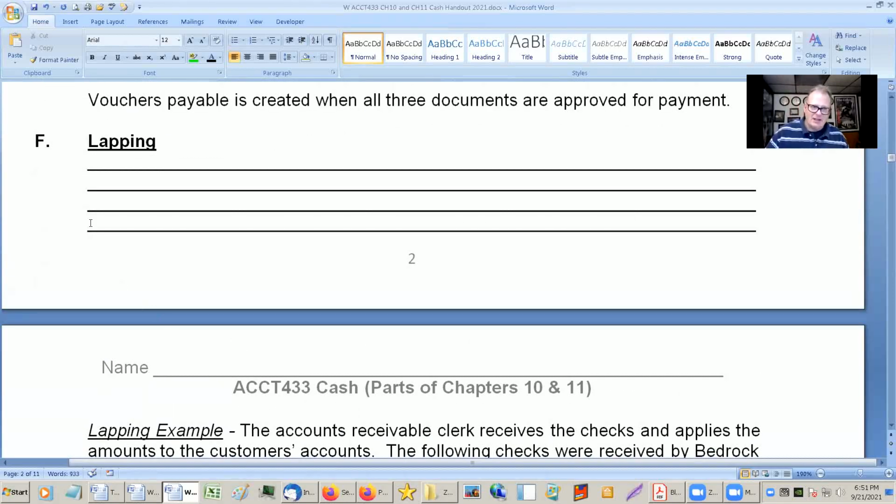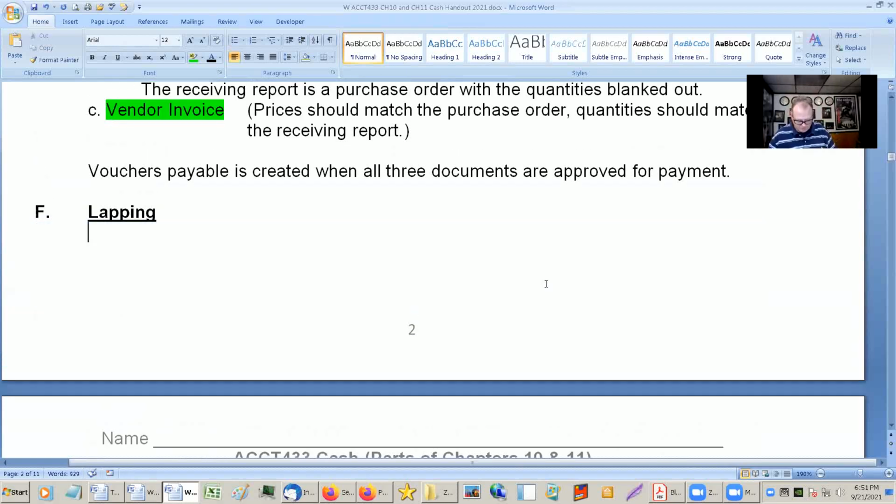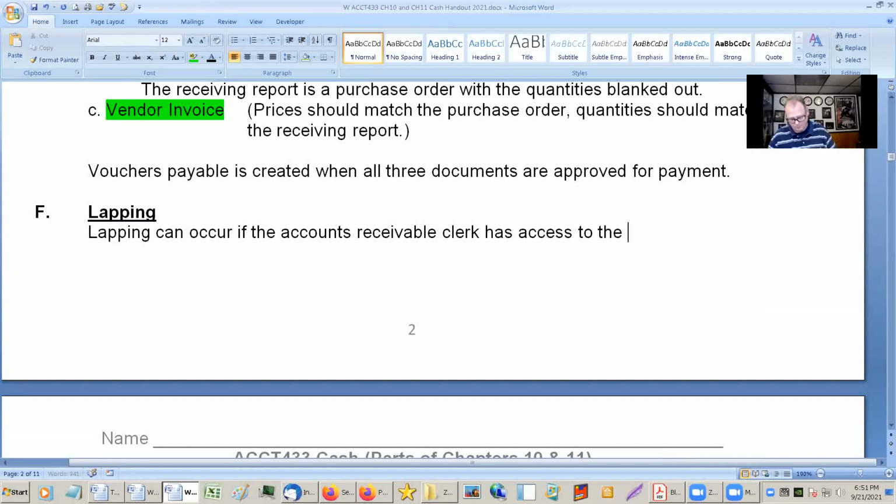Lapping is an example. Lapping can occur if the accounts receivable clerk has access to the customers' checks.